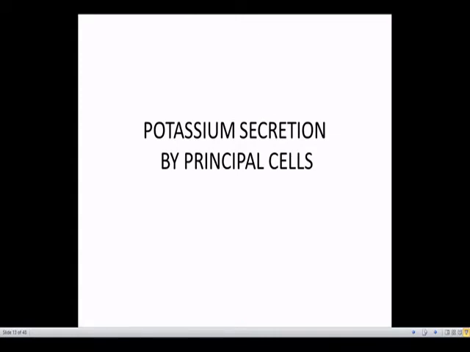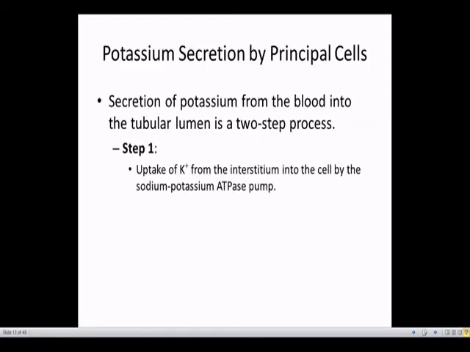Before studying further details of potassium regulation, let's review some aspects of potassium secretion by principal cells.